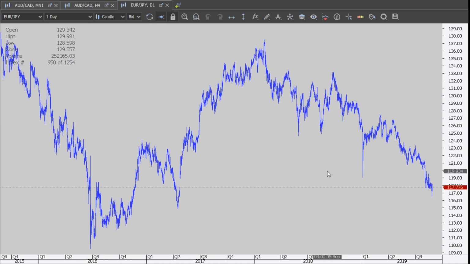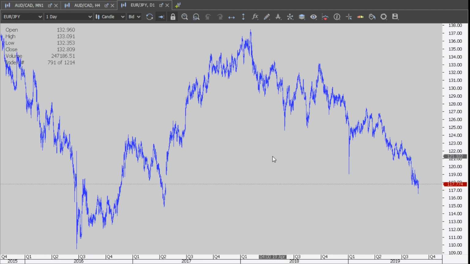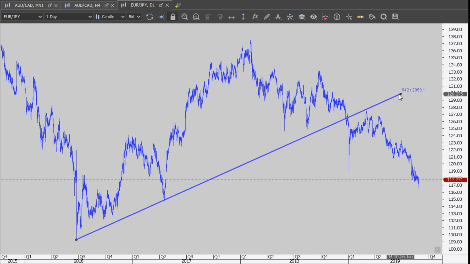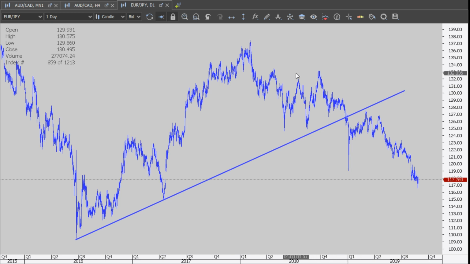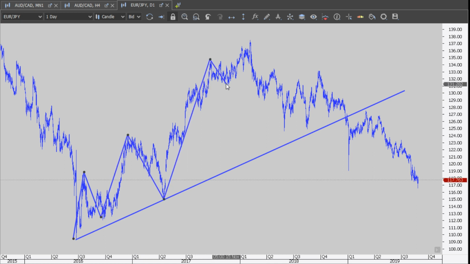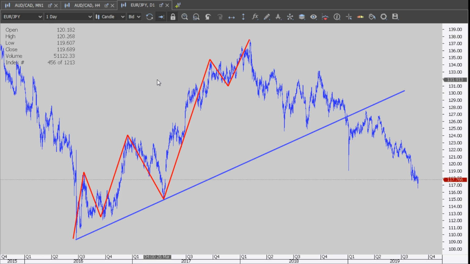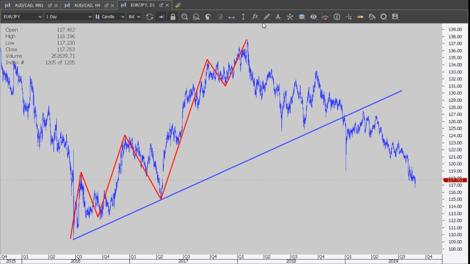So this is the Euro JPY daily chart, and as you can see, everybody, the market was in an up structure, making higher highs, higher lows, higher highs, higher lows. So this was the up structure on the daily.